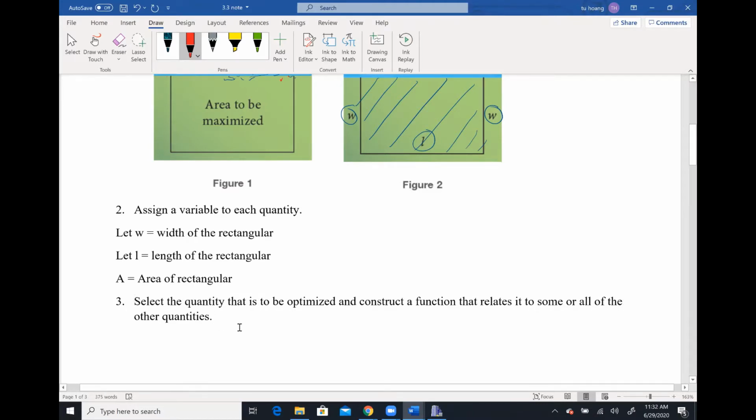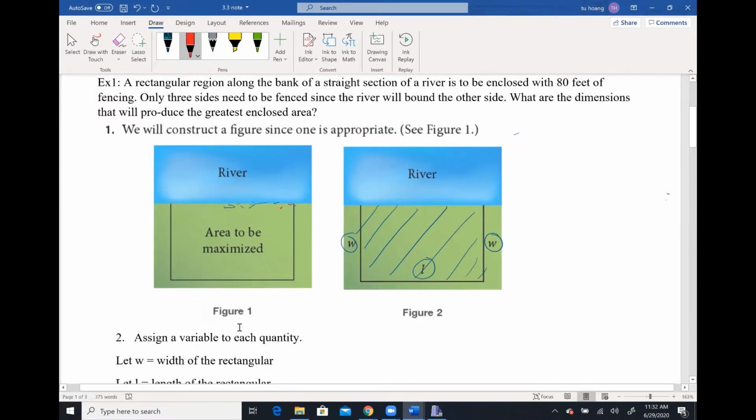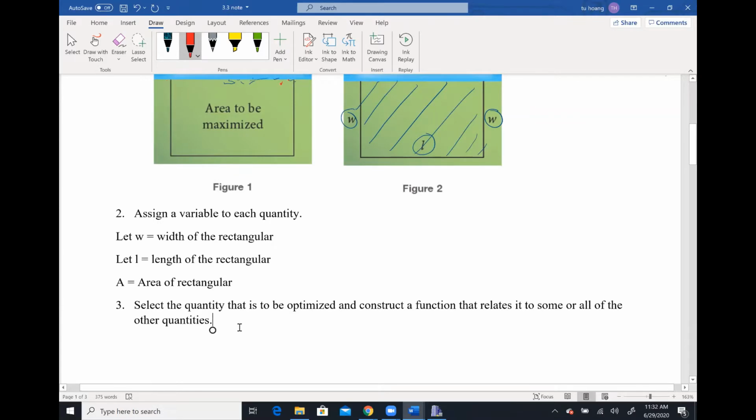It says select the quantity that is to be optimized and construct a function that relates it to some or all of the other quantities. Because the question is asking what are the dimensions that will produce the greatest enclosed area, the thing that's to be optimized is going to be area, right? So area.